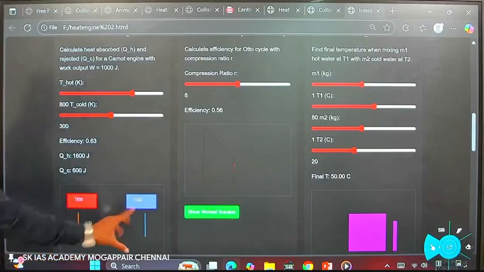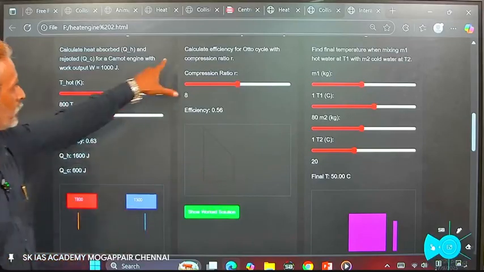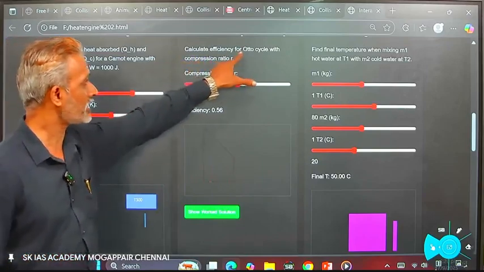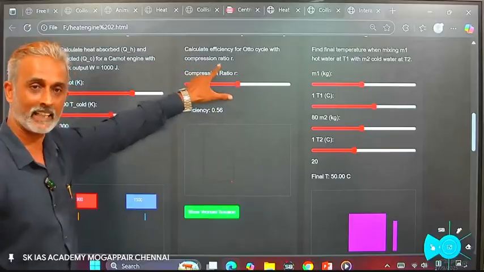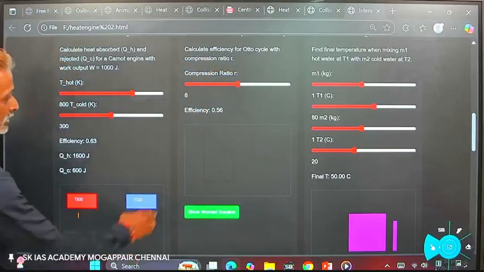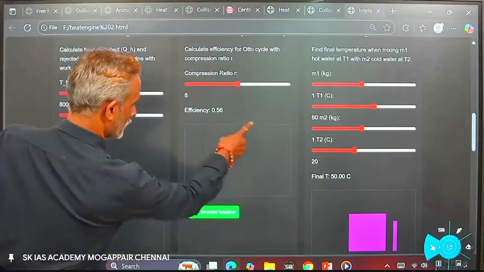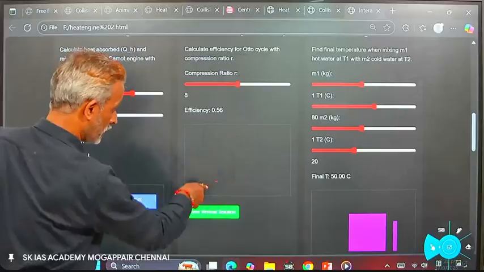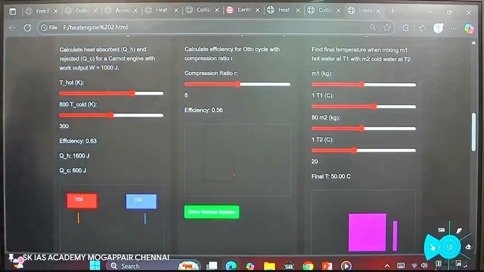And second question: calculate the efficiency of the Otto cycle with compression ratio R. So this is the Otto cycle. This is part of the question.